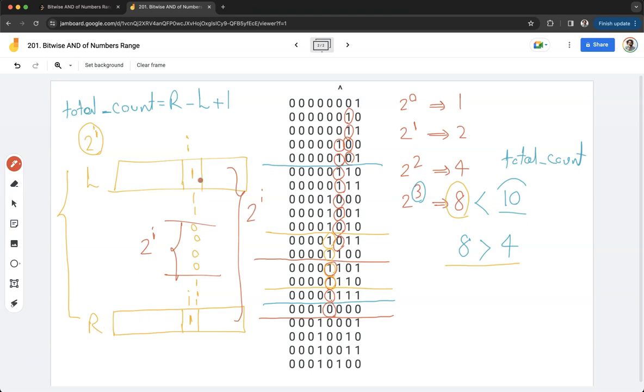So you just need to check this bit and this bit from left and from right.